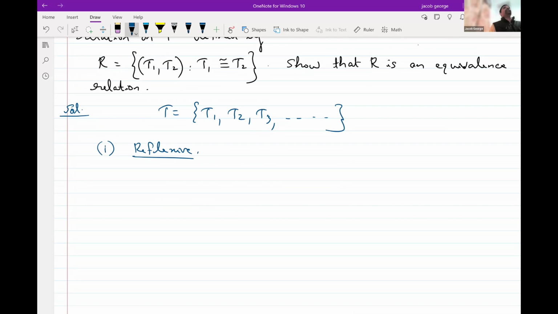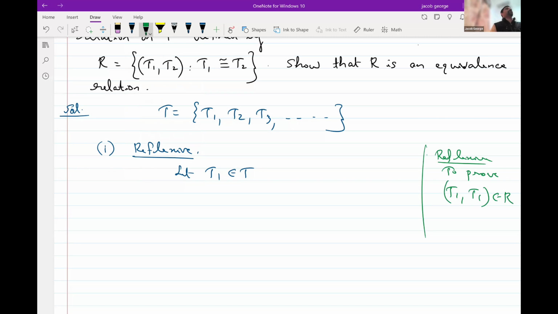We have to take an element from the basic set T. So let T1 be an element of T. T1 means a triangle, which we pick from the basic set T. For every question you must have an idea of what you have to prove for reflexive: X comma X is an element of R. Here in place of X, I took T1, right? That means T1 comma T1 must be an element of R.